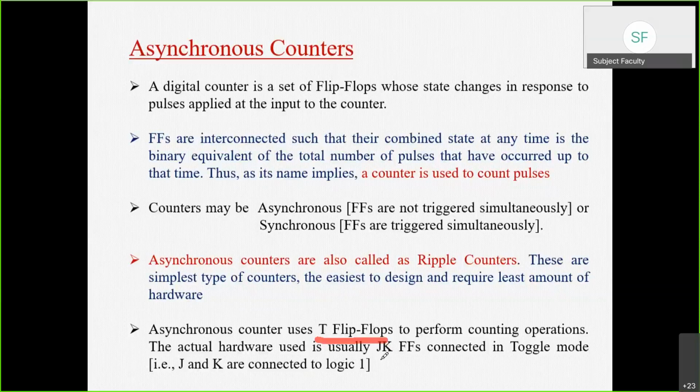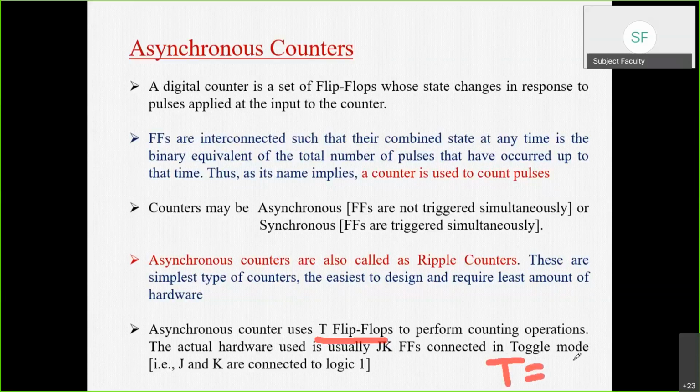In the JK flip-flop, we just connected the J and K terminals together, took that as a common terminal, and named it T. So basically, a T flip-flop is nothing but a JK flip-flop only. The actual hardware used is usually a JK flip-flop connected in toggle mode, that is, when T equals 1.